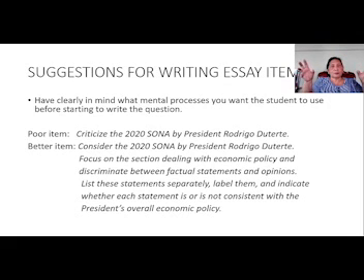Would you like them to present arguments for or against? Would you like them to analyze? Would you like them to synthesize? Would you like them to organize? These are mental processes. Would you like them to forecast, project? So you must have a very clear direction for what you would want the students to write about.